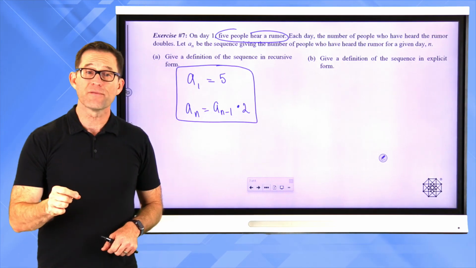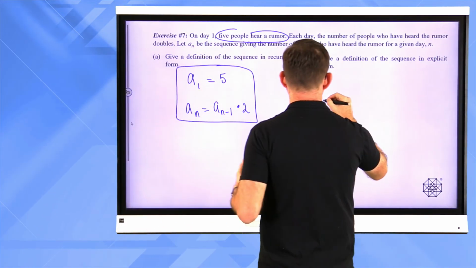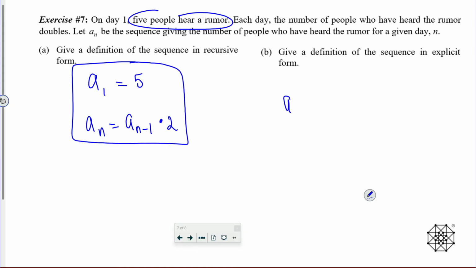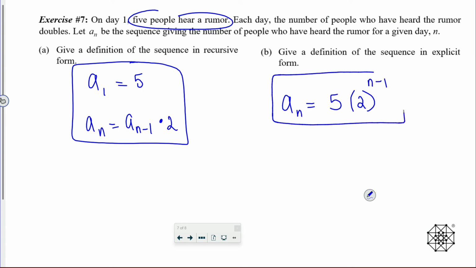Now, the explicit formula, on the other hand, one that I could literally use to calculate how many people had heard the rumor, let's say on the 100th day, without having to generate all the previous values, well, that starts with my original number, which is 5, and then I'm going to multiply that by my constant ratio raised to the n minus 1 power.